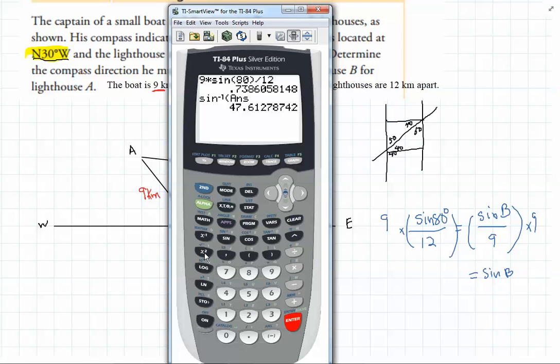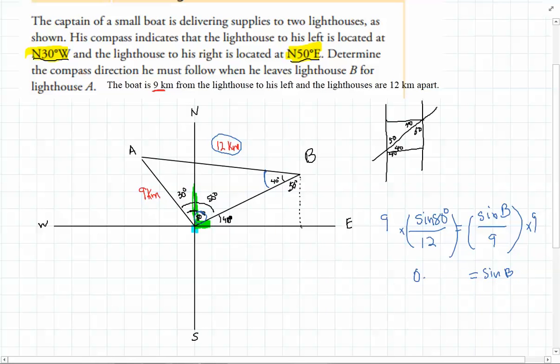Pull up the calculator. We have 9 times the sine of 80 degrees divided by 12. And that gives us 0.7386. So 0.7386 is equal to the sine of B.